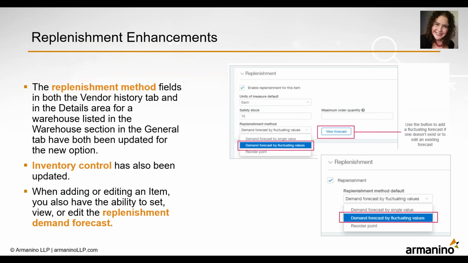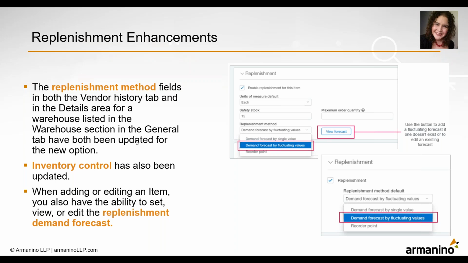So a little bit more on replenishment, lots of stuff going on here. For this one, the replenishment method fields in both the vendor history tab and the details area have been updated. So I just wanted to show you some screenshots for that. So this is also another way that you can get to that forecast. When you put the demand forecast by fluctuating values, you're going to get that button under the view forecast, and you can click on that and go right to that add edit forecast page.